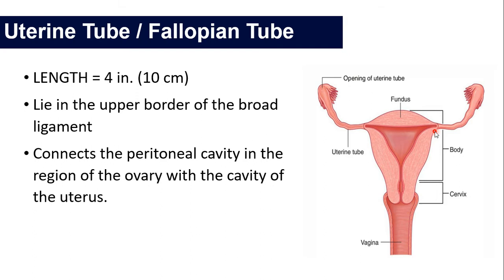The function of the uterine tube is to receive the ovum from the ovary and provide a site where fertilization of the ovum can take place, which is usually in the ampulla. It provides nourishment for the fertilized ovum and transports it to the cavity of the uterus. The tube also serves as a conduit along which the spermatozoa travel to reach the ovum.